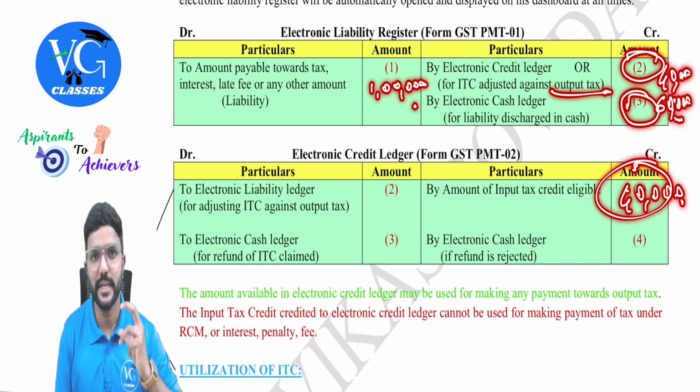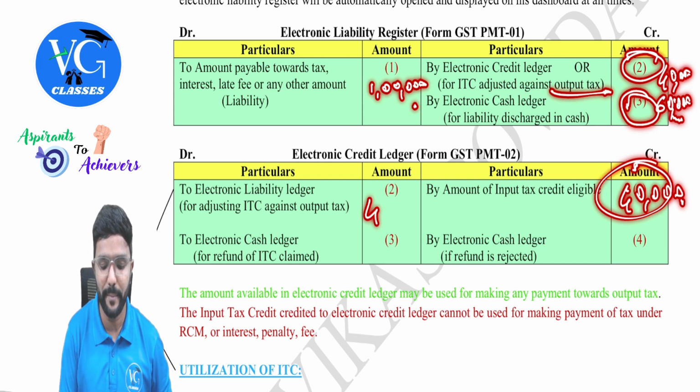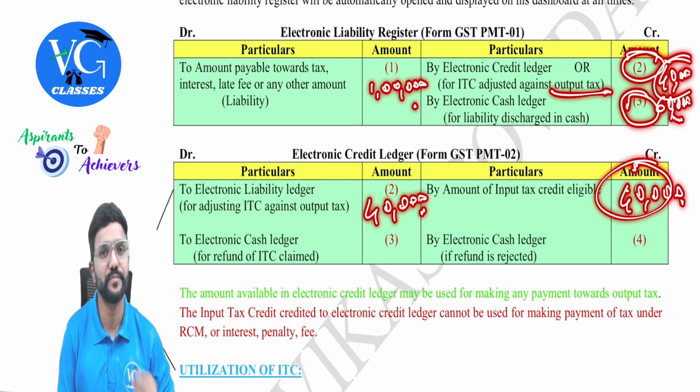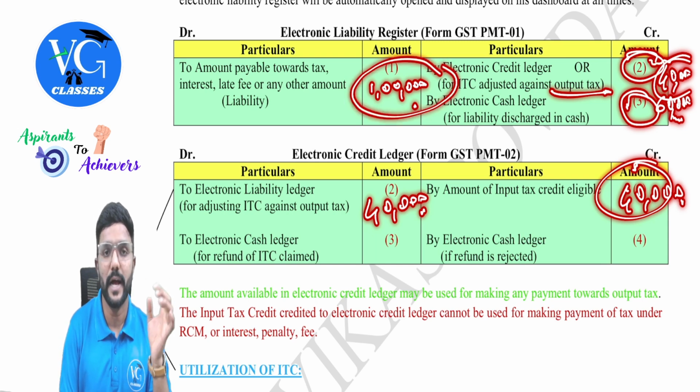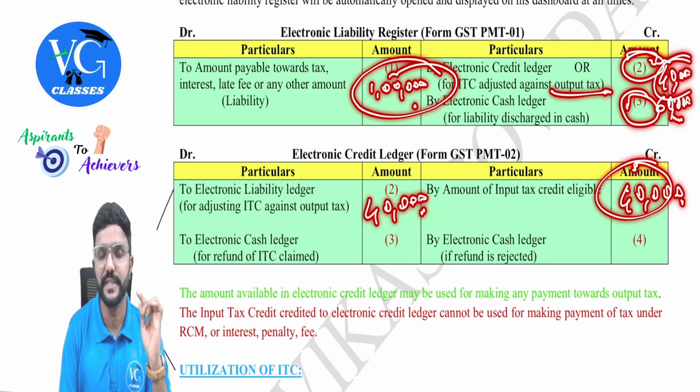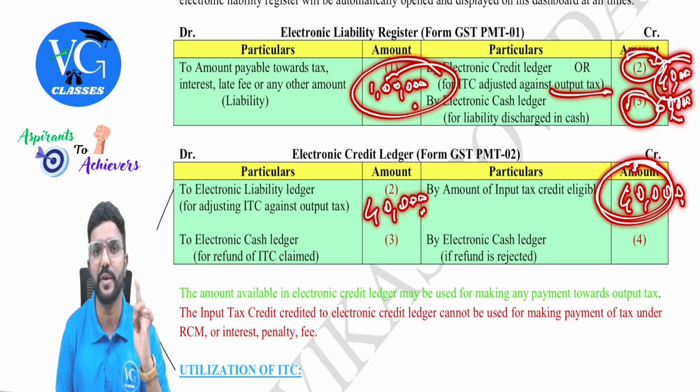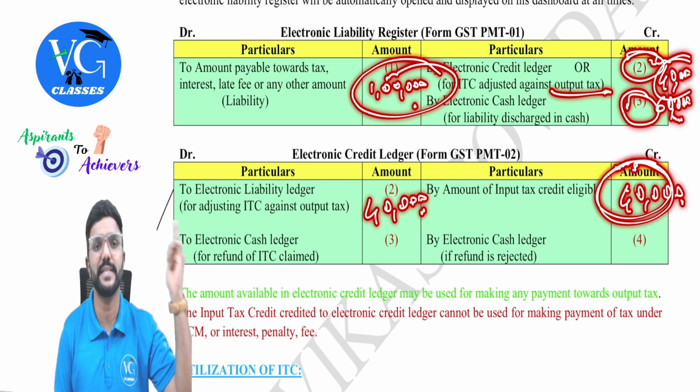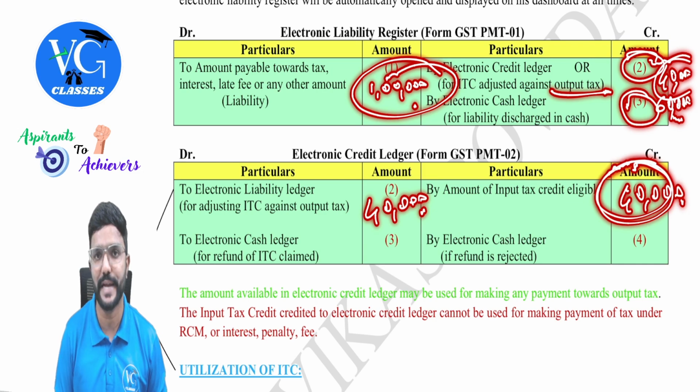And whenever credit ledger balance is used, immediately it will be debited here, 40,000. Yes, and it will be credited on the opposite side. I repeat, assume there is a liability of 1 lakh rupees for a registered person under GST. Now he has a balance of 40,000 in the electronic credit ledger, which he has paid on his inward supply, which is nothing but input tax. First, he will use that 40,000.